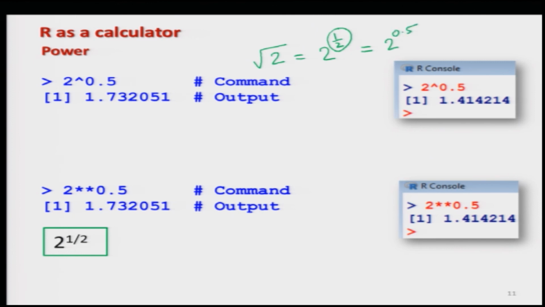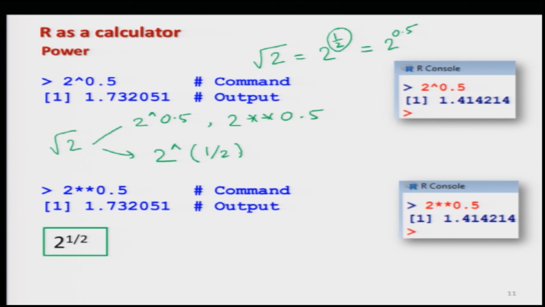So I have 2 options. If I want to obtain the square root of 2, the first option is 2 raised to the power of 0.5, or the second option is 2 star star 0.5, or the third option is that I can write 2 raised to the power of, inside the bracket, 1 by 2.